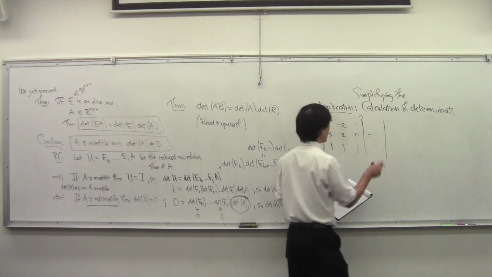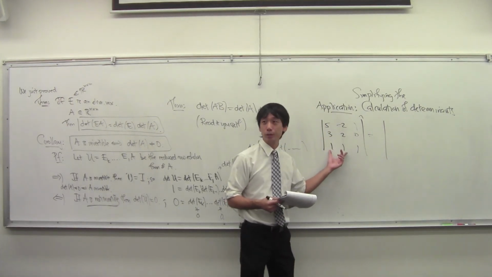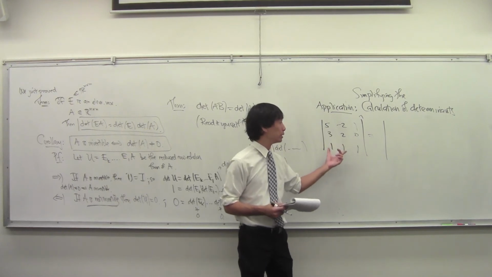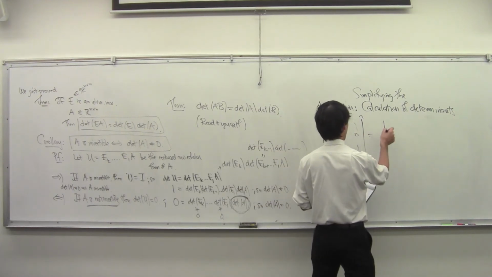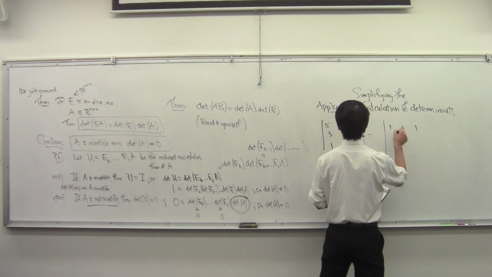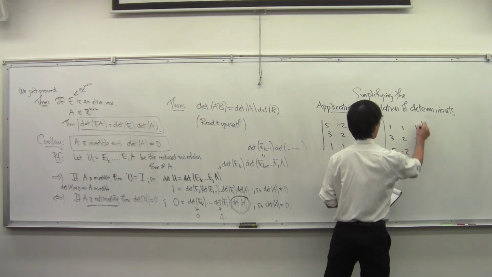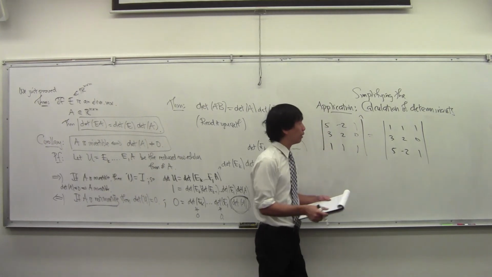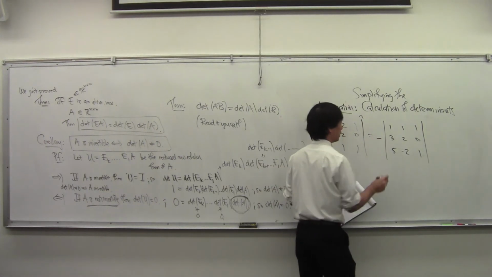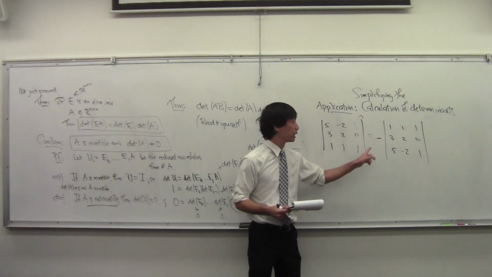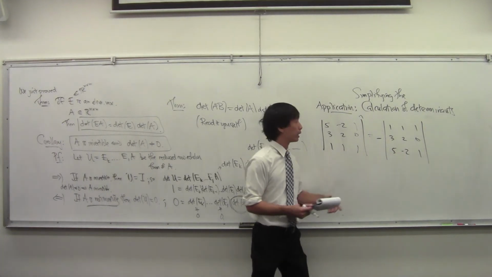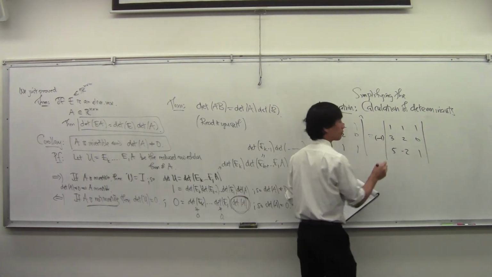Basically Gauss-Jordan reduction, or Gaussian elimination. I'm going to switch the first and third rows: 3, 2, 0, 5, negative 2, 1. When I did that, I multiplied the determinant by negative 1, so I need to keep track of that. There's a negative 1 there.